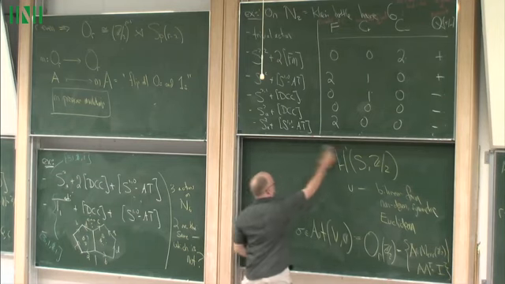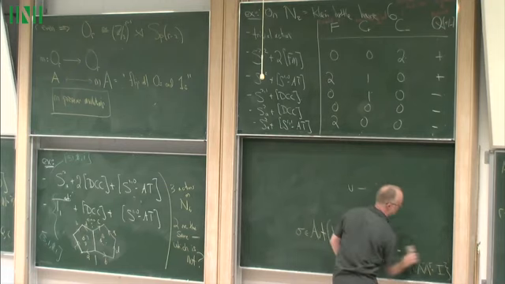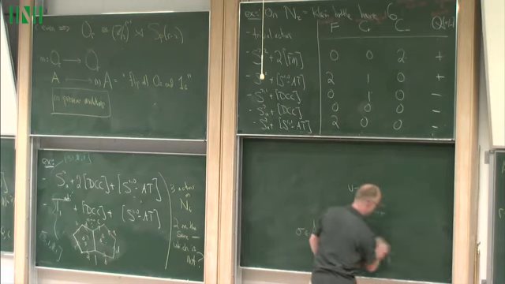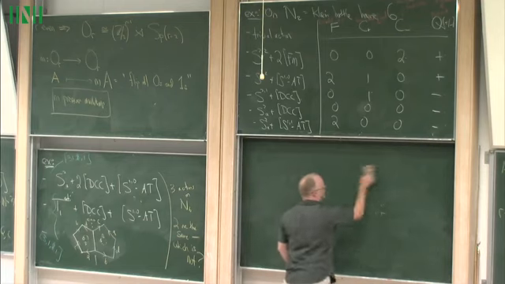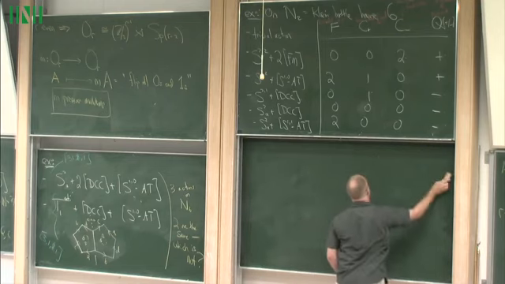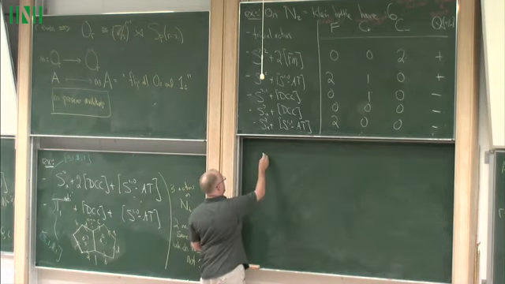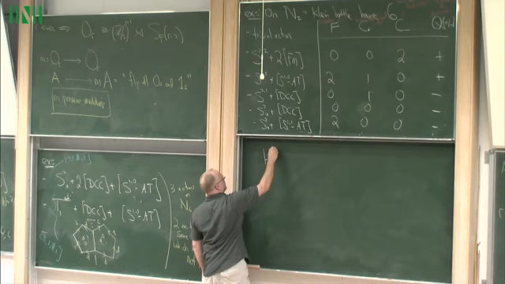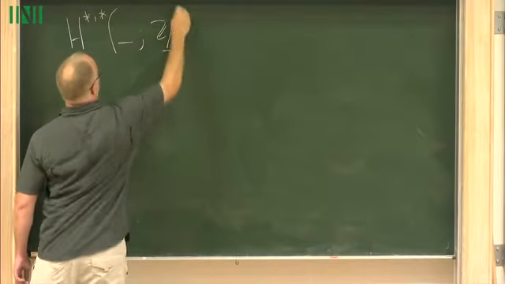But let me now turn to cohomology. So I'm going to be dealing with this bi-graded theory. And let's just do Z2 coefficients.